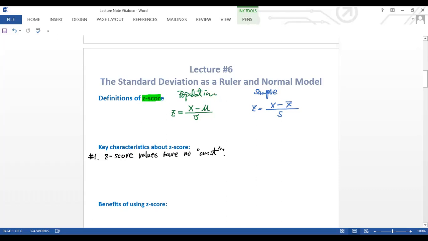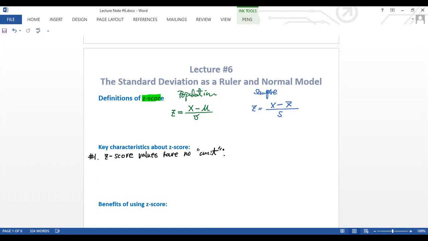Okay, so when we measure, for example, I measure your weight, my unit is a pound, right? And we measure how much time we spend to study, the unit is a minute, or the hours, right? And for a drug, we measure how much, we call it milligram, or different measurements. So the units are there, but the Z-score has no unit.